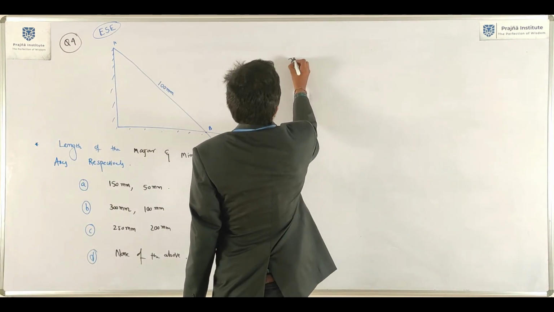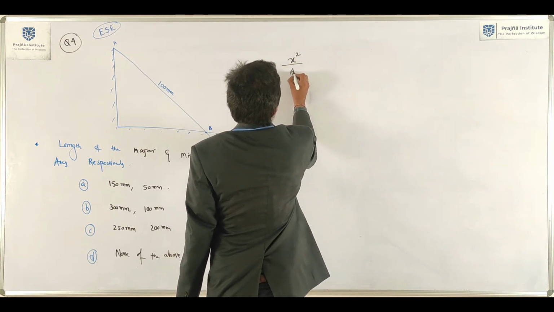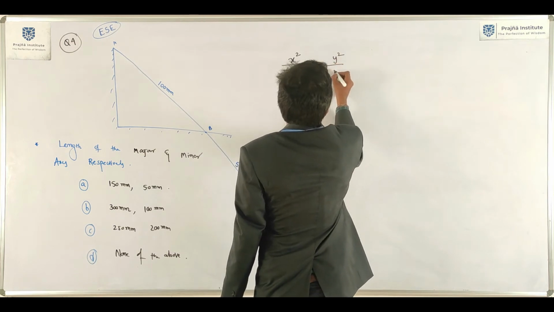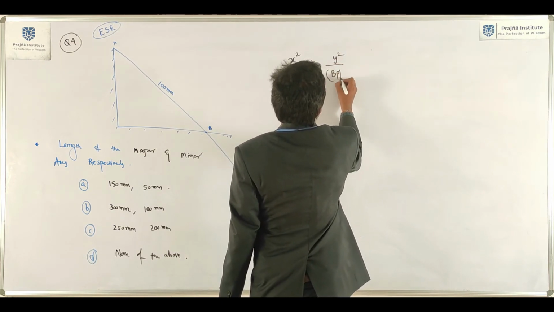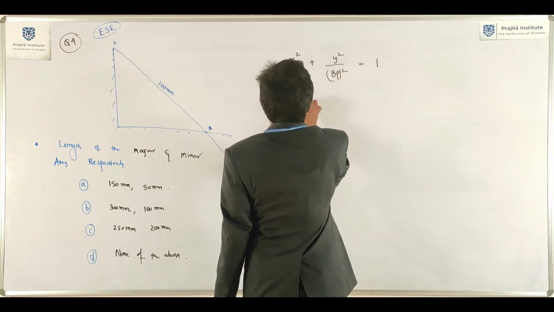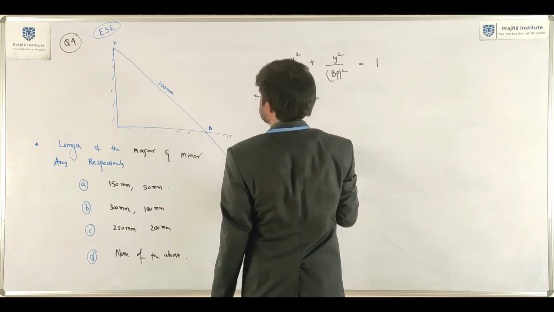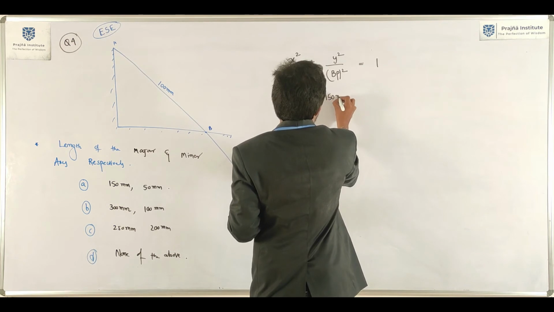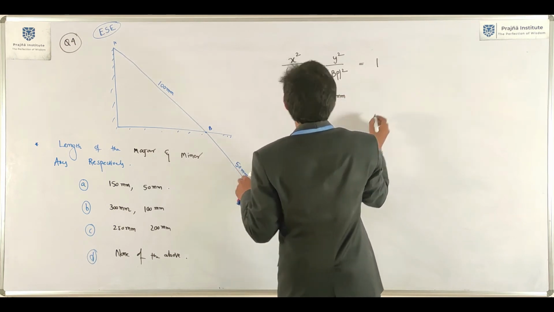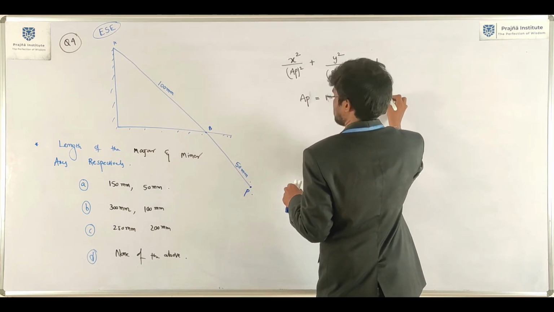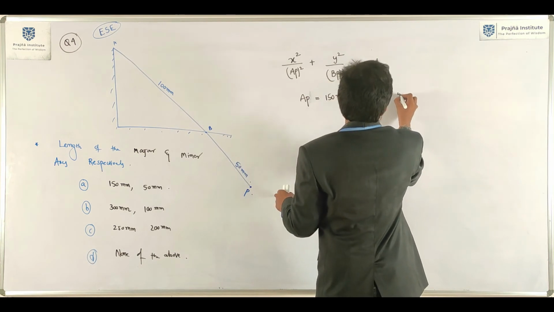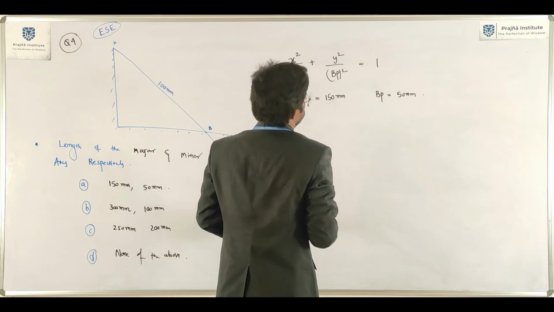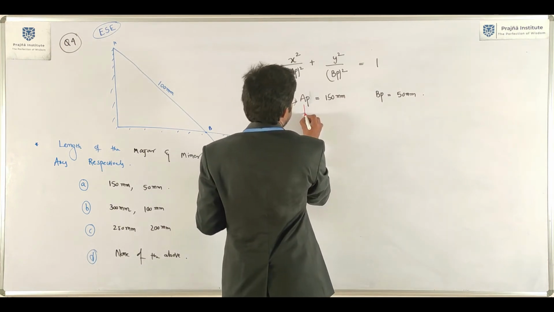By using x square by AP square plus y square by BP square equals 1, here AP equals 150 mm and then BP equals 50 mm.